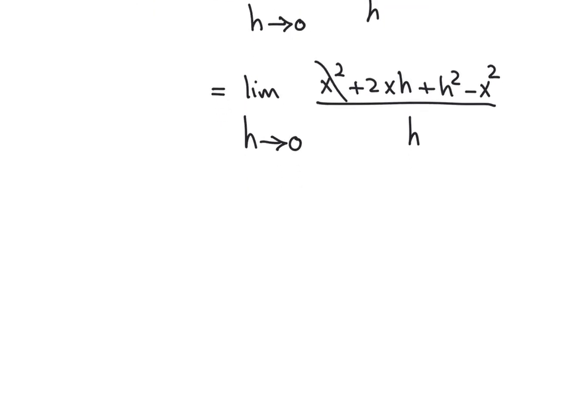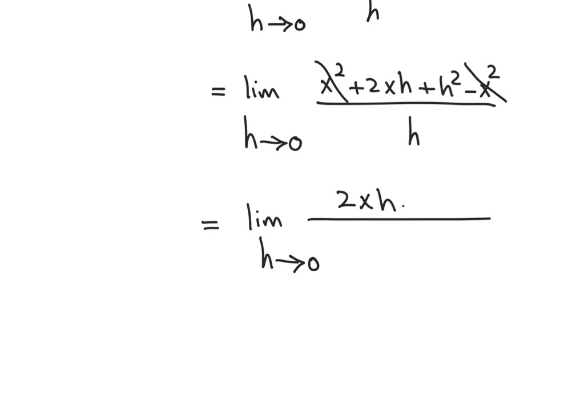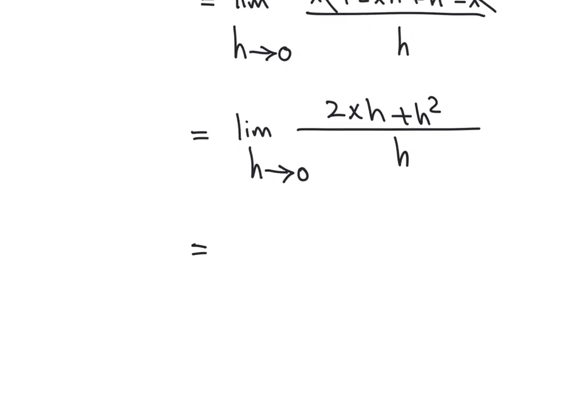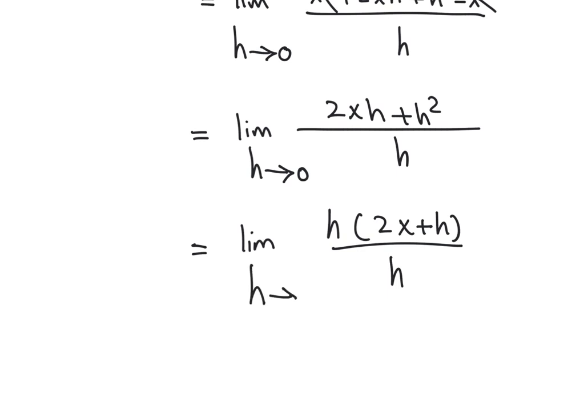You can cancel x squared by minus x squared, so it equals the limit of 2xh plus h squared over h as h goes to 0, which equals the limit of, you can factor h, so it's h times 2x plus h over h as h goes to 0.